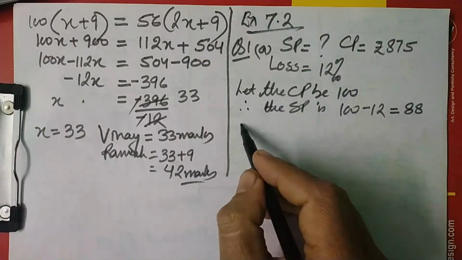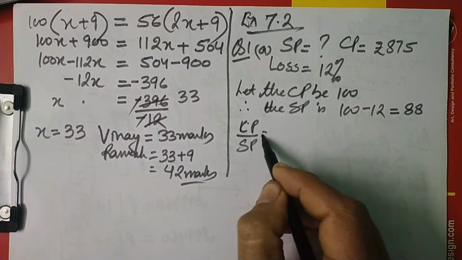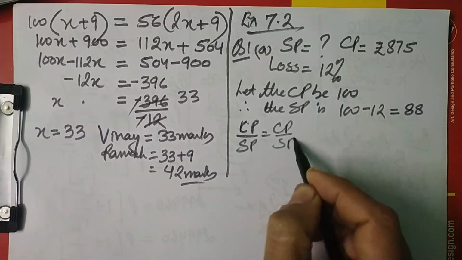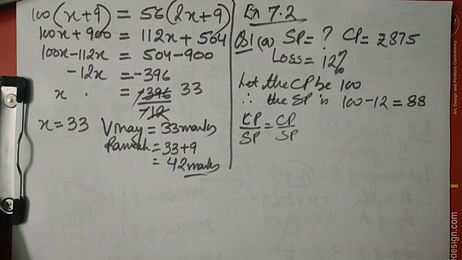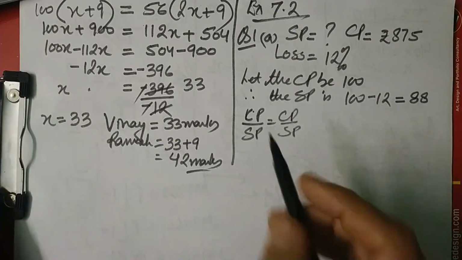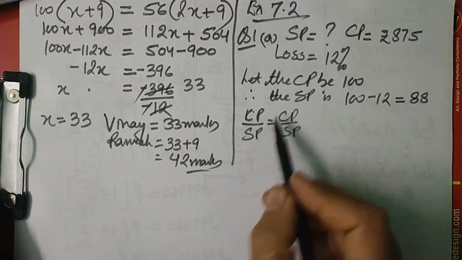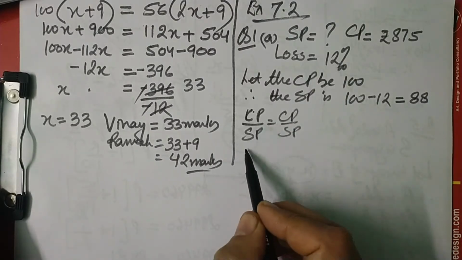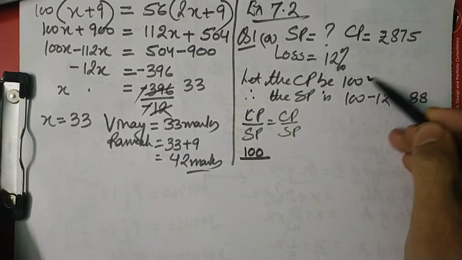After that, one common method is used, which is CP upon SP. This is not a formula, but I have simplified the method using the unitary method and variation. So in this, one formula is used where CP upon SP. So I am writing this 100. This CP is this.